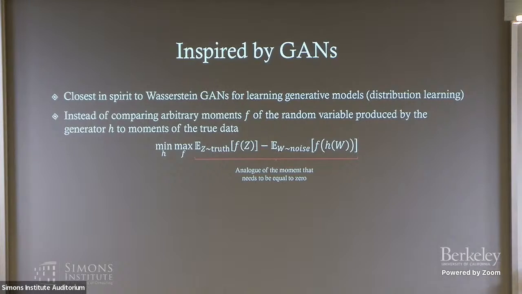But the technical differences are that the type of moments that we're testing are different. So if you look at the Wasserstein GAN, the type of moments will look something like this, where you have a test function, and the moment that corresponds to that test function, which is to pass your data through that test function and calculate this average, should match the moment if I pass the fake samples that the generator is creating.